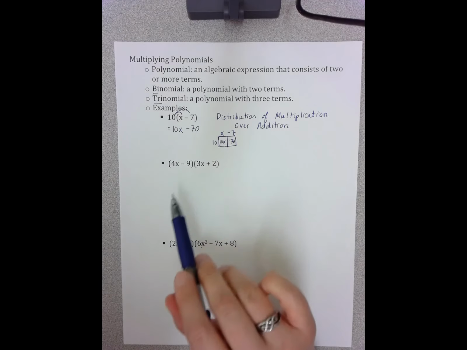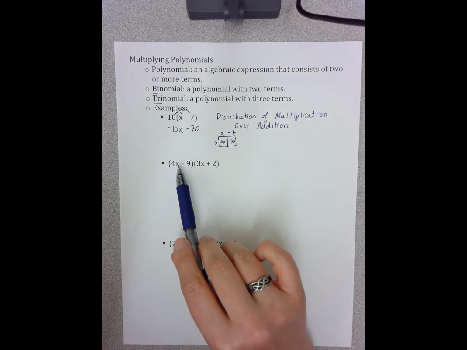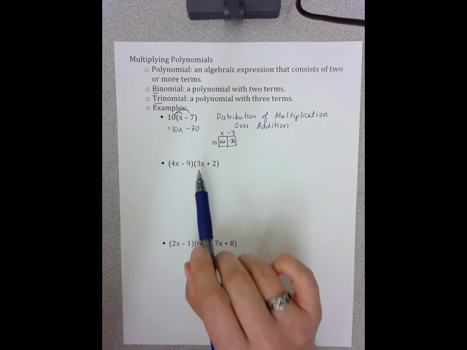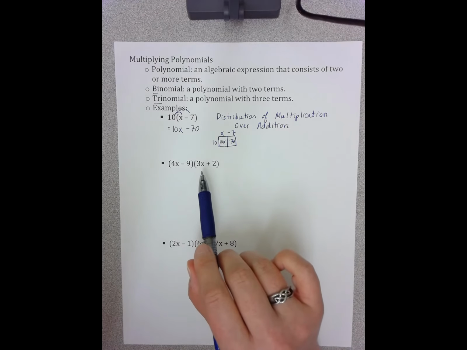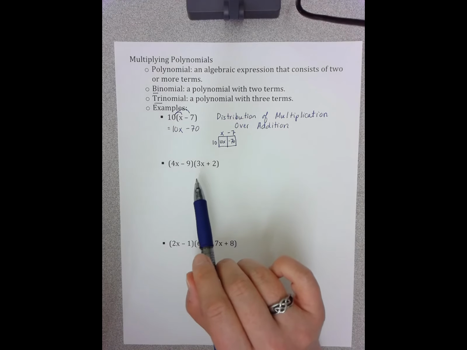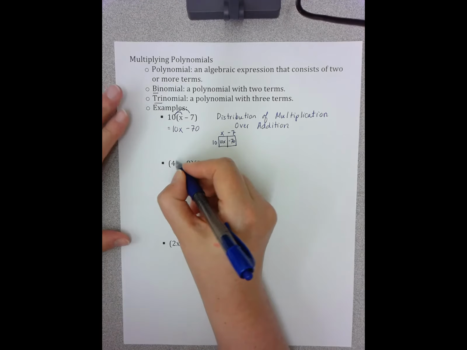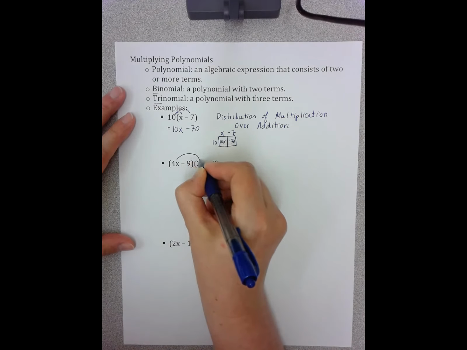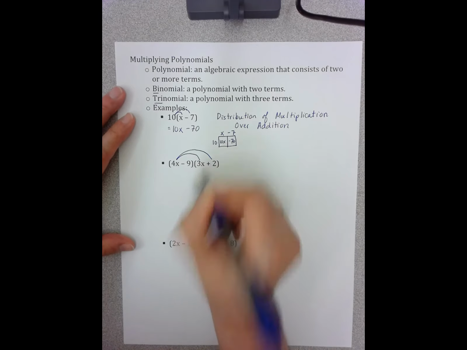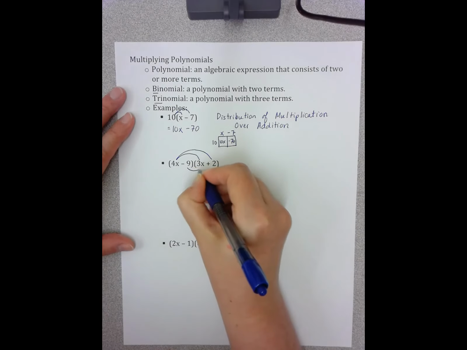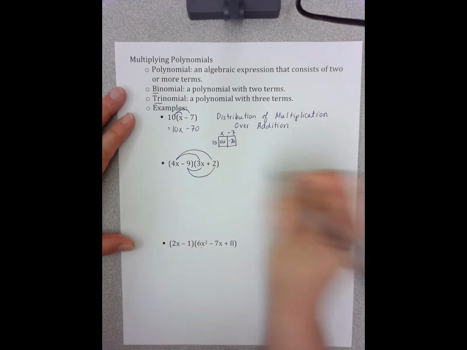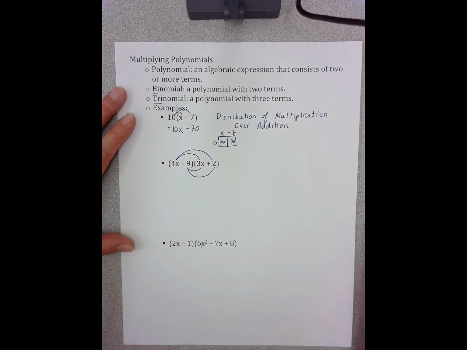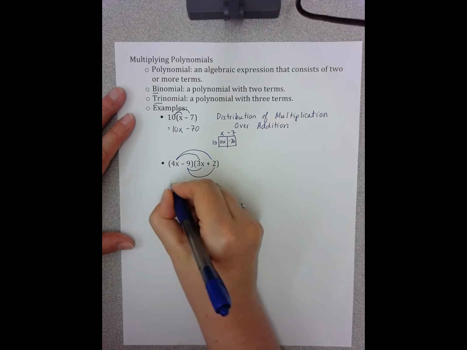Our second example gives us a binomial times a binomial. And so for this, I actually have to do distribution twice. I have to do it so that I distribute the 4x to both terms and that I distribute the negative 9 to both terms. So there are, again, two ways to do this.